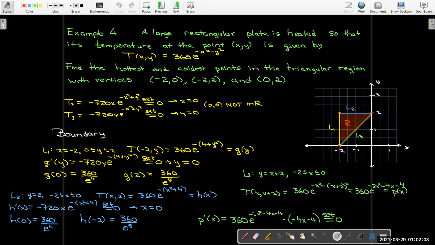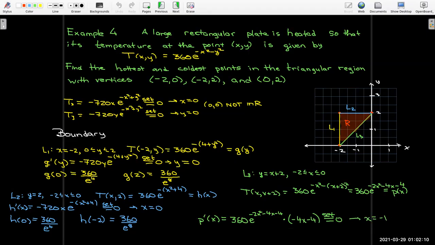Now when I take the derivative of p of x and set that equal to 0, I'm going to find that x equals -1. And when x equals -1, y equals 1. I'm actually at this point right here on the boundary. And so now I have to evaluate p at the critical number, -1. I should also do it at the endpoints, but I already did it.